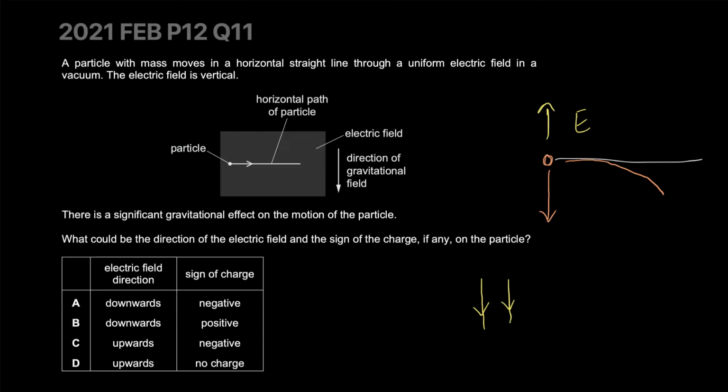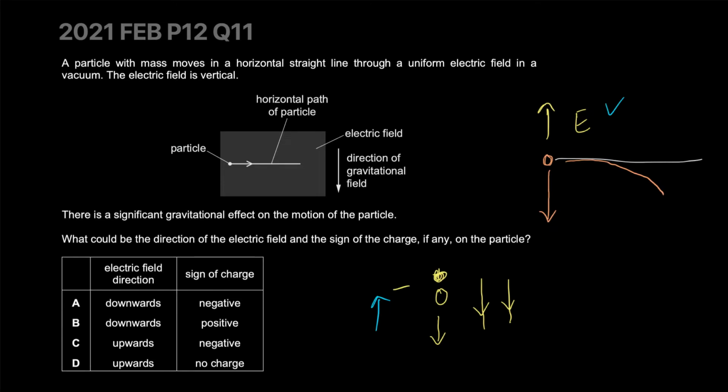So if the charge had a positive charge, and if it wasn't moving horizontally, it would move downwards, matching this line. So this charge, if the electric field is downwards, has to be negative for it to move upward. It would now move upward. And that's what we want, right? We want the force to be upwards.